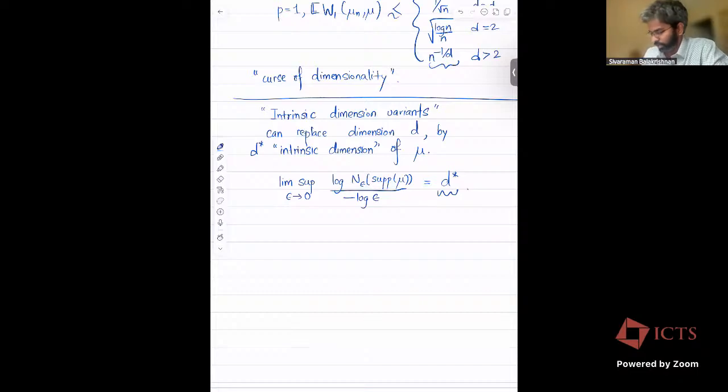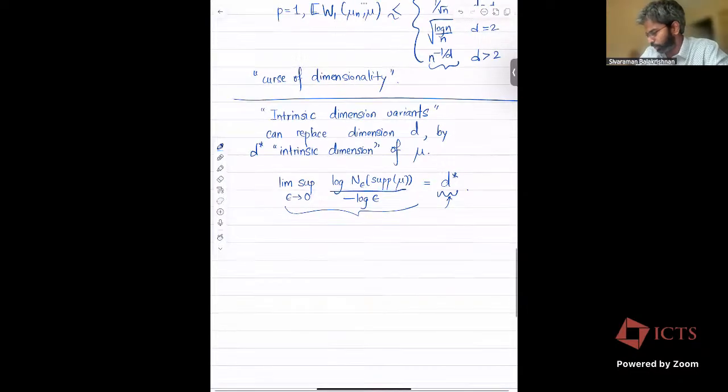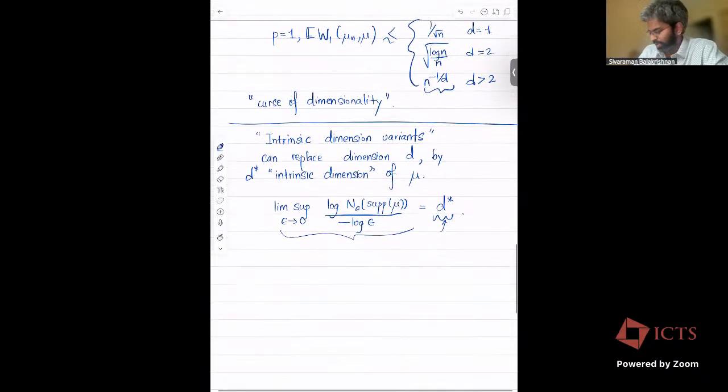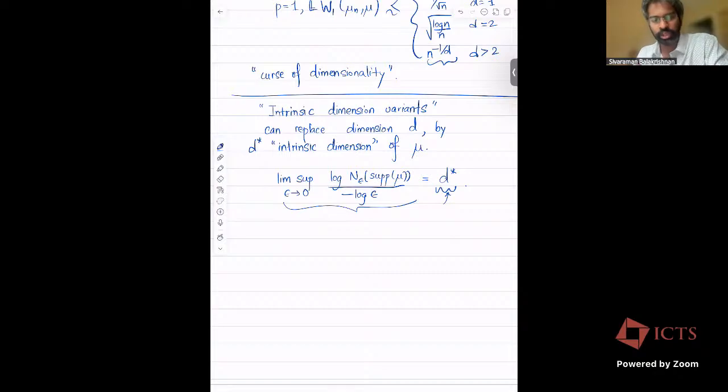That is, as long as you can control the quantity on the left by some notion of dimension, that notion of dimension will enter into your rates of convergence of the empirical measure to the ground truth. And if you're familiar with either the Minkowski dimension or the Hausdorff dimension, this is some version of those kinds of quantities.